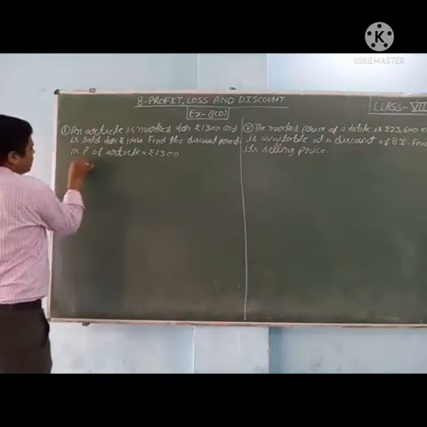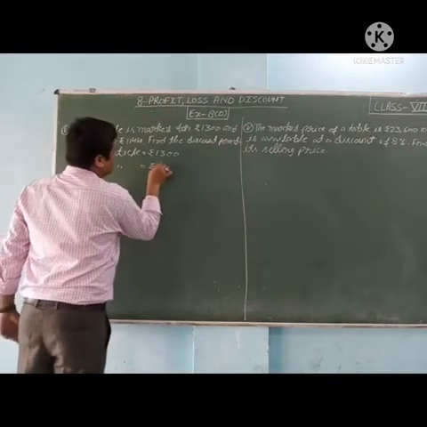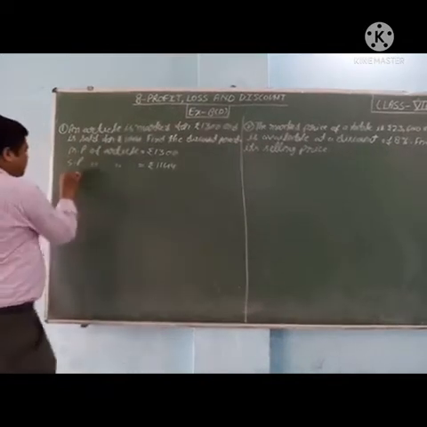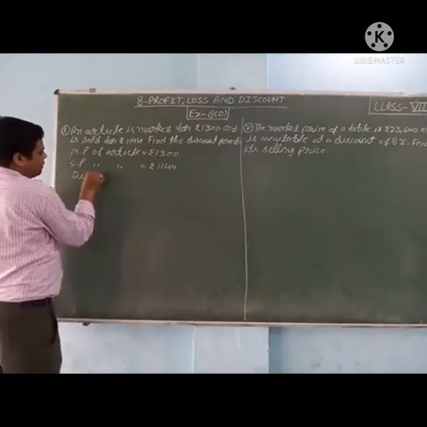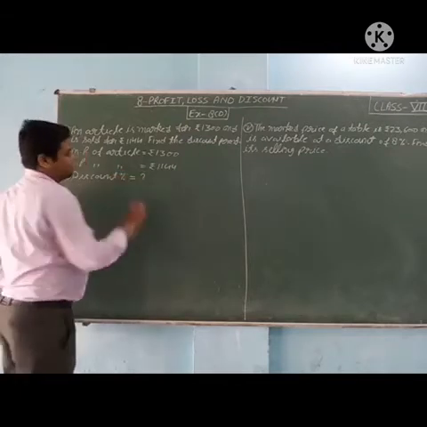It is the selling price of the article, rupees 1144. Find the discount percent. So we have to find the discount percent. This is the question.